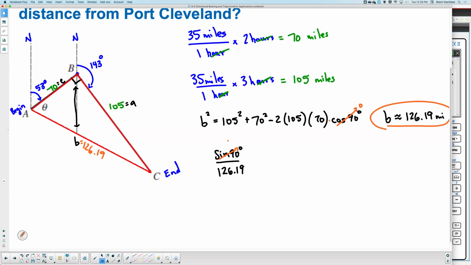We could put the value 1. Sine of 90 is the same thing as 1. Is equal to, now if I need to know this theta, what am I going to use with it? 105, perfect. Sine of 105 over theta.